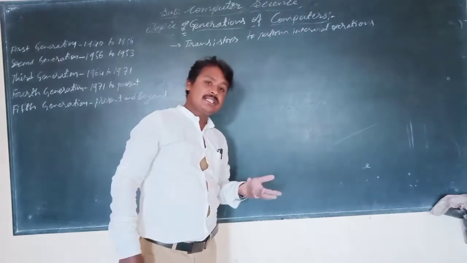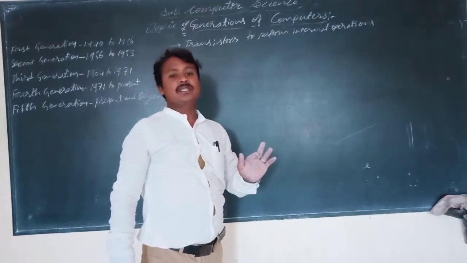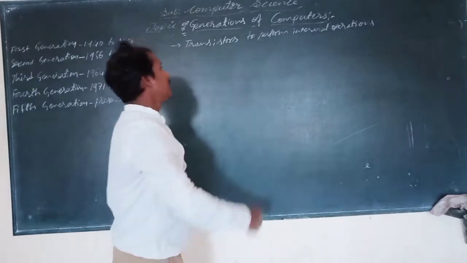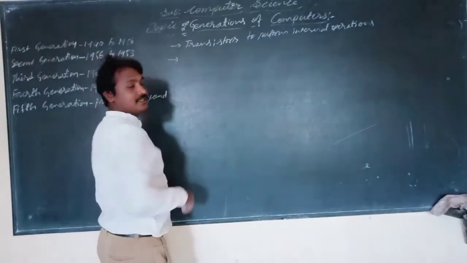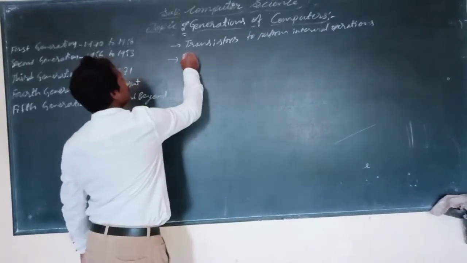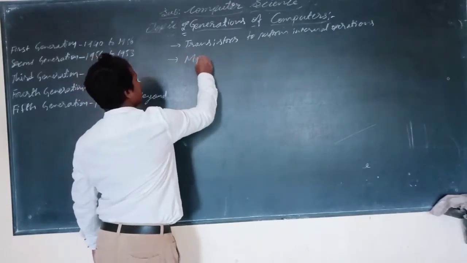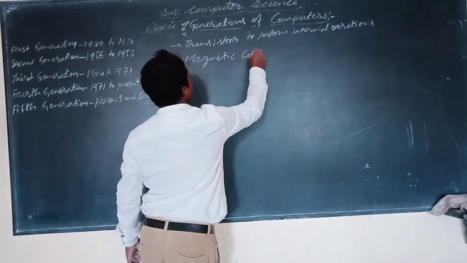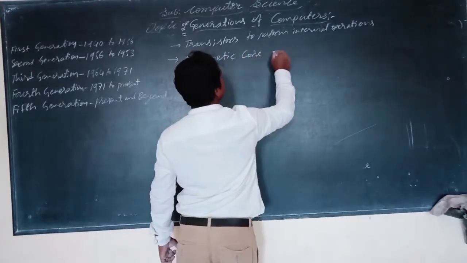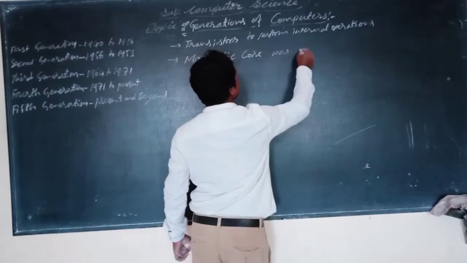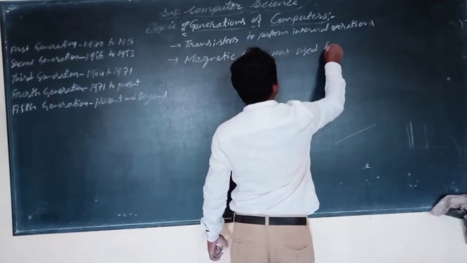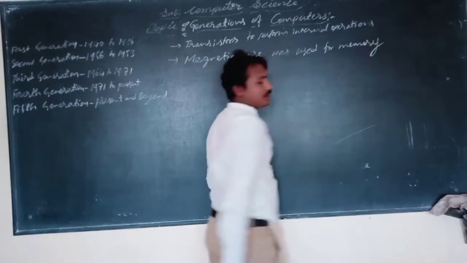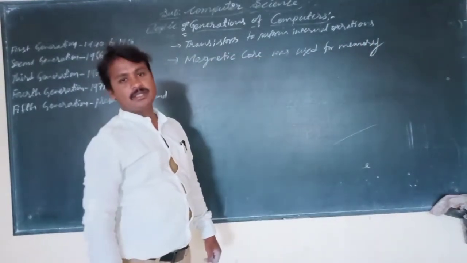In first generation, those computers used magnetic drums for memory. In second generation, these computers used magnetic core for memory.